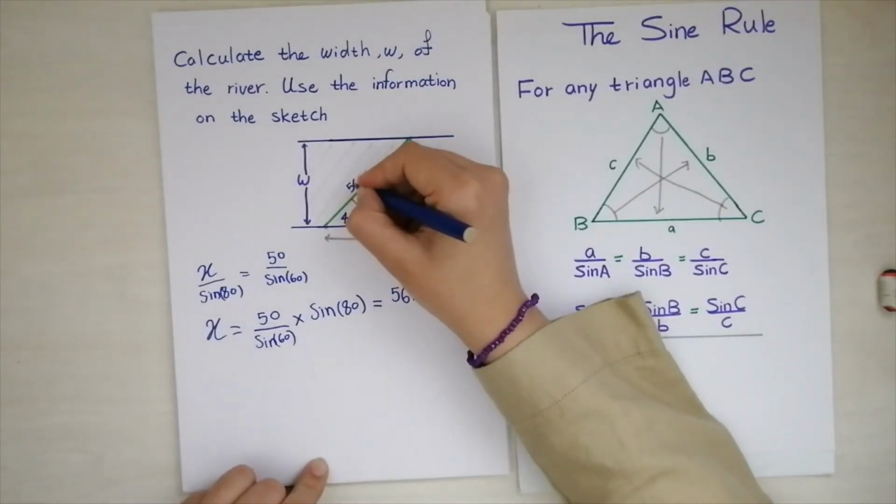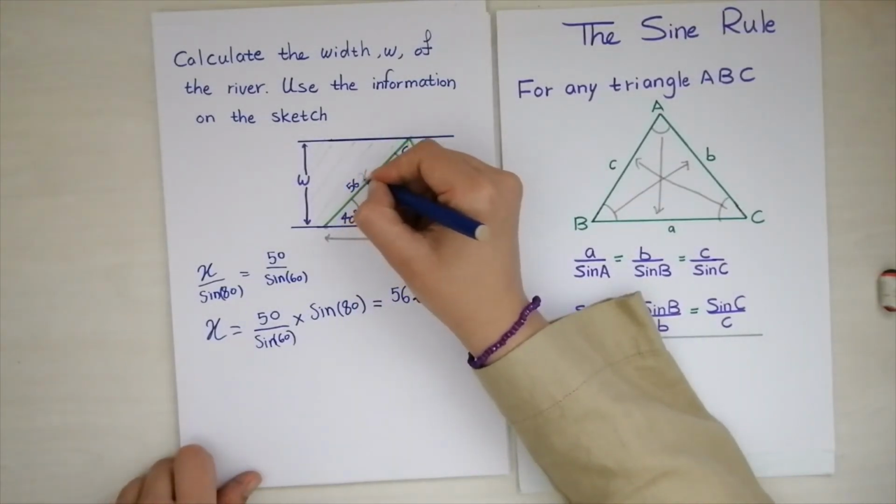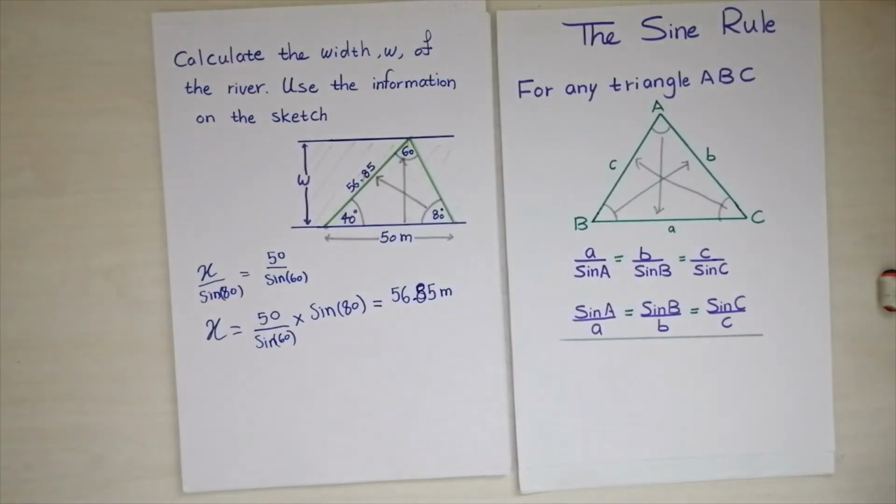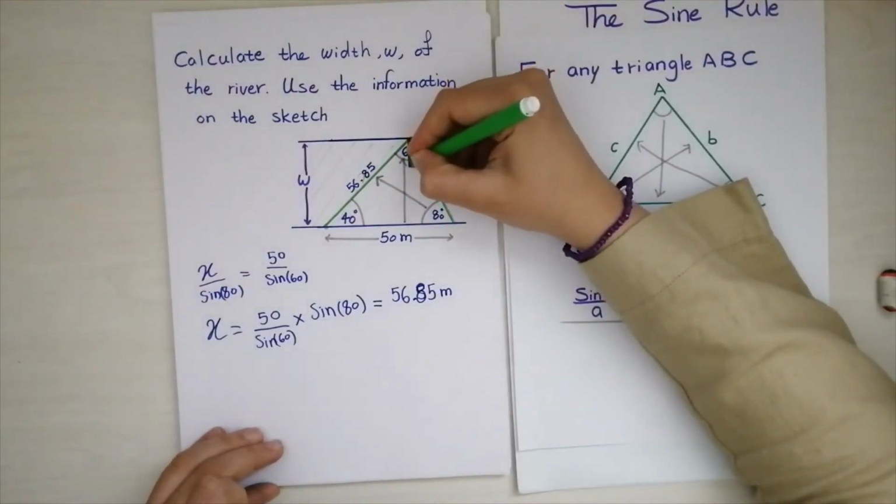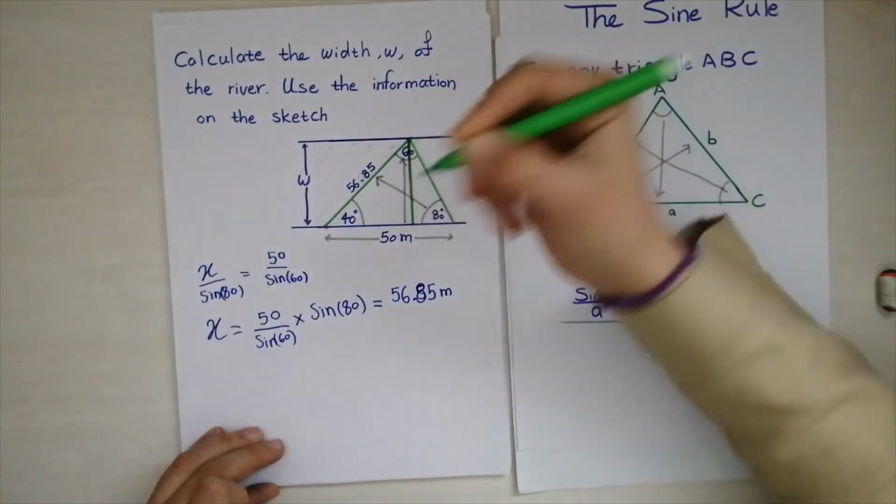So this is not 6 anymore. This will be 56.85. Now let us draw W inside the triangle. Let us draw W here inside the triangle.